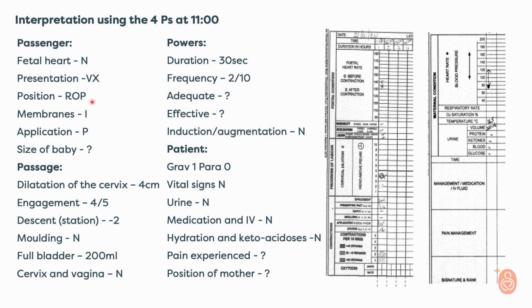As you will remember from your basic knowledge about the occipito-posterior position, it might be a good idea for you to just revise the whole mechanism of labor of the occipito-posterior position again. You will see that when the head is not well flexed, it doesn't fit well on the cervix, and that's why we get a poor application here.